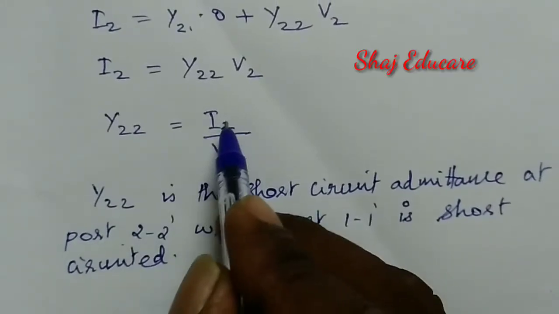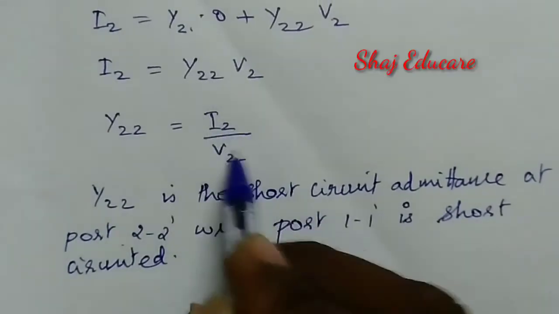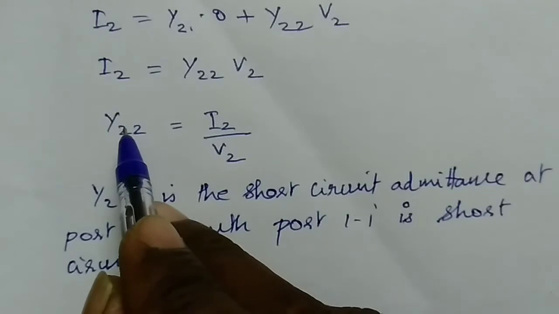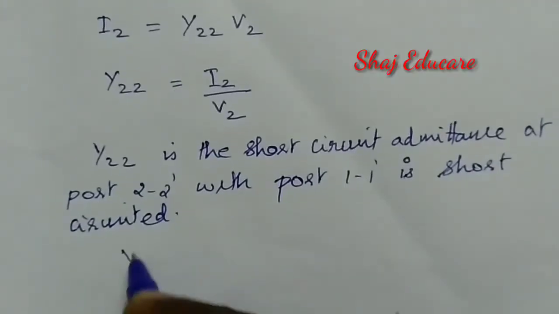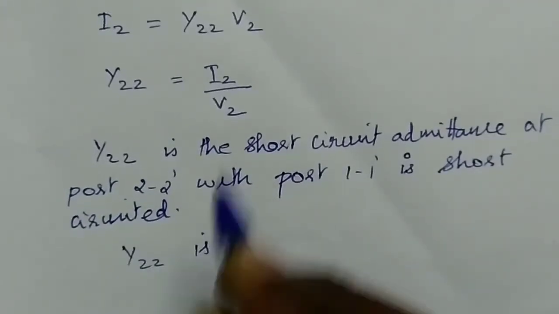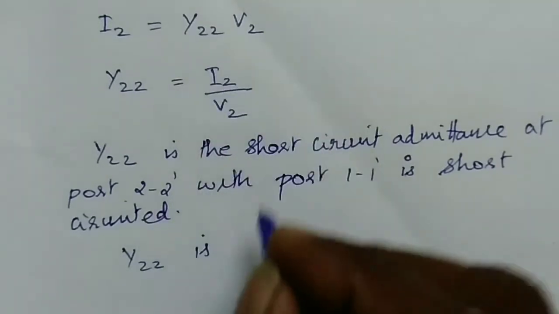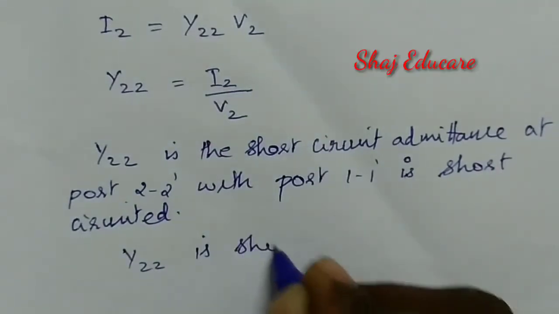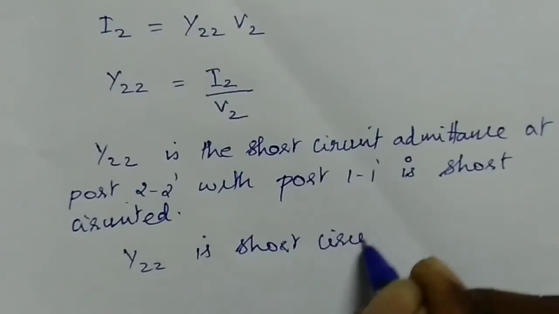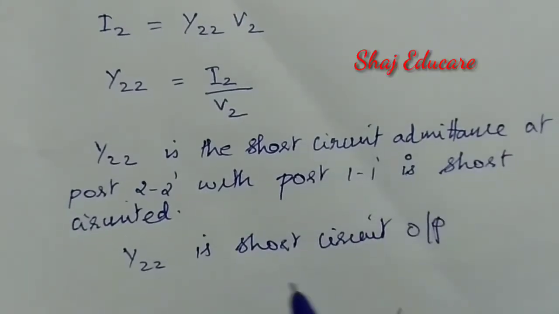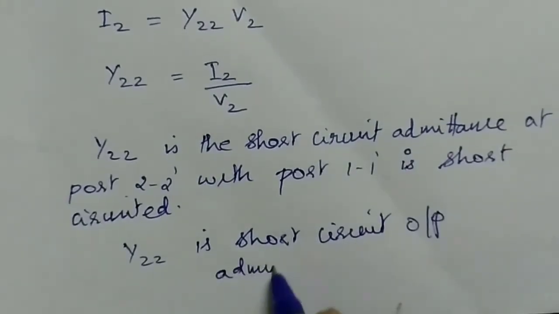And as I2 and V2 both belong to the output section, we can call y22 the short circuit output admittance.